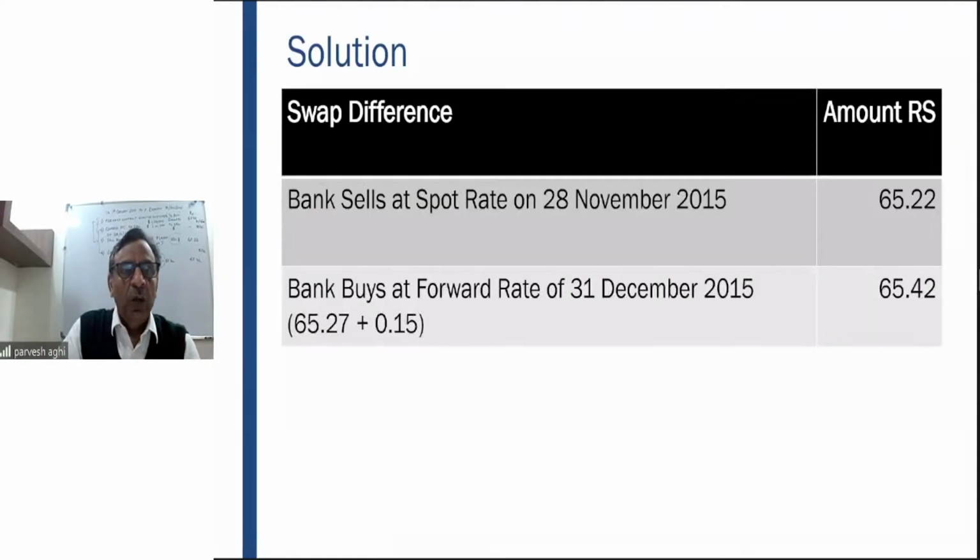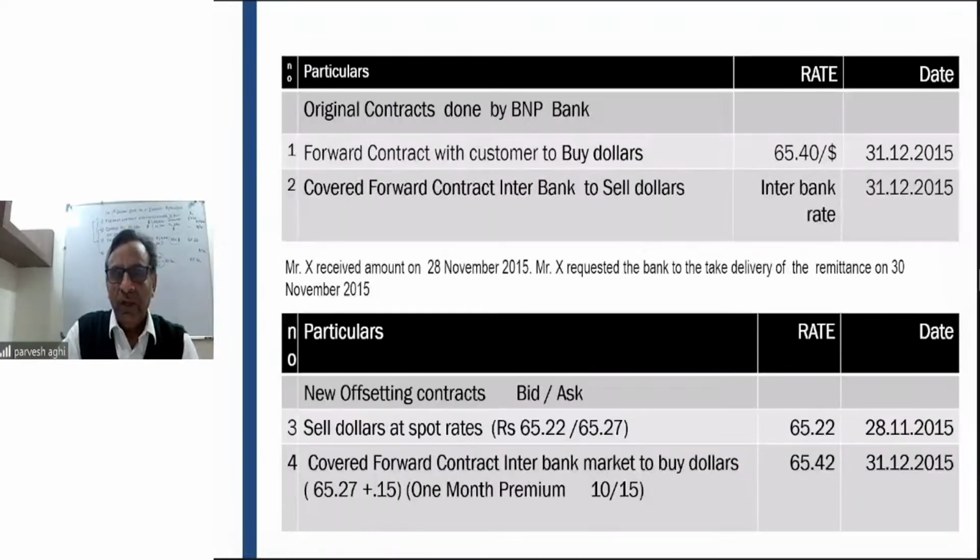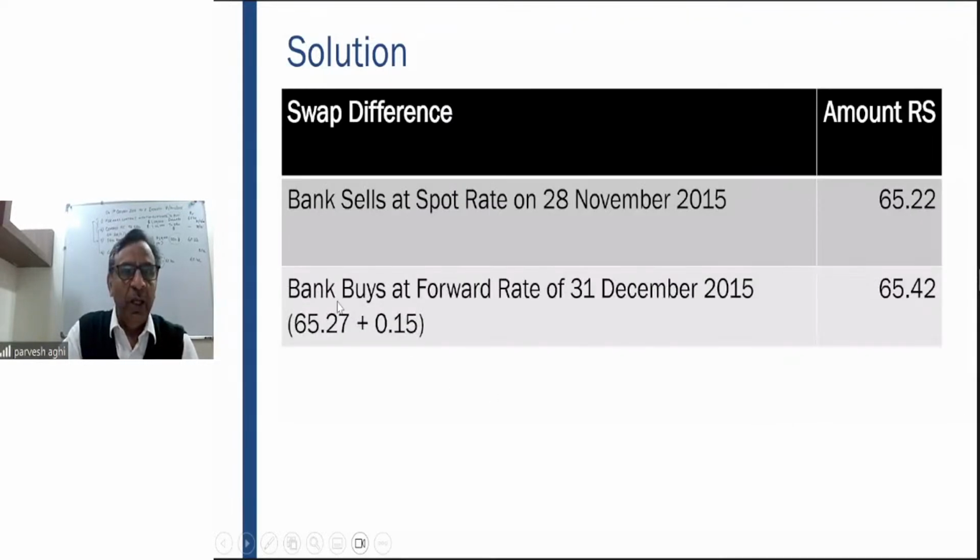Okay. So now, what is the swap difference? Now the bank has sold at the spot rate on 28th November at 65.22. We just did that. So if you go back, they have sold these dollars at 65.22. I'm just putting the information here. Now the bank buys at a forward rate, which is 65.42. This is basically cancellation of the original cover contract.